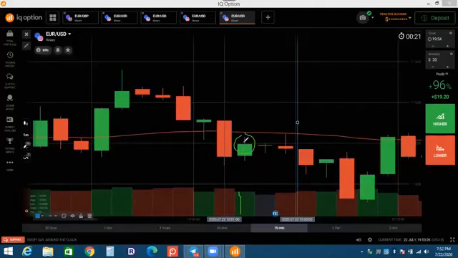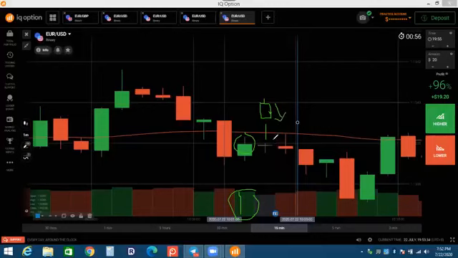So when you see on the support level the volume is not increasing, that is a sign of continuation. Now keep in mind, on any support and resistance level, if the candle closed here and the volume is not increasing, then go with the buyers, don't go with the sellers. If volume is increasing so much from the previous bar, go with the sellers.